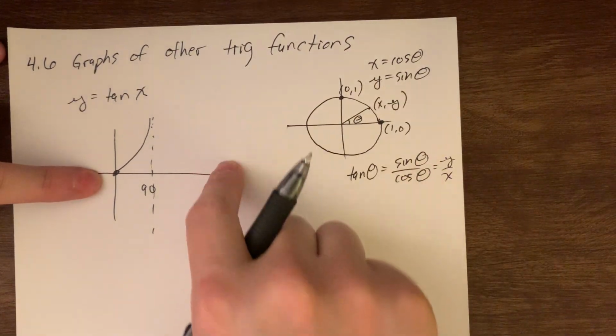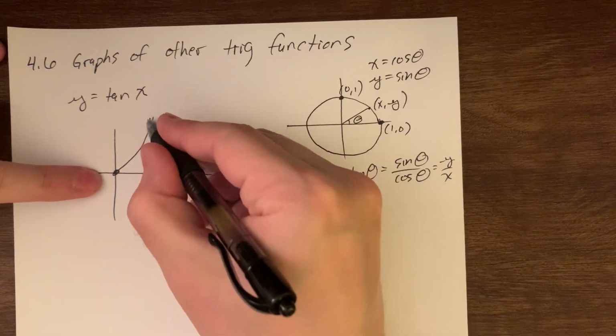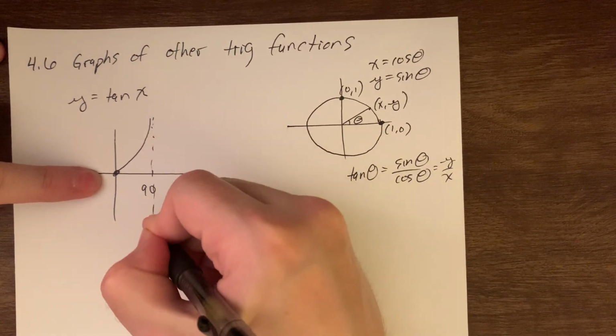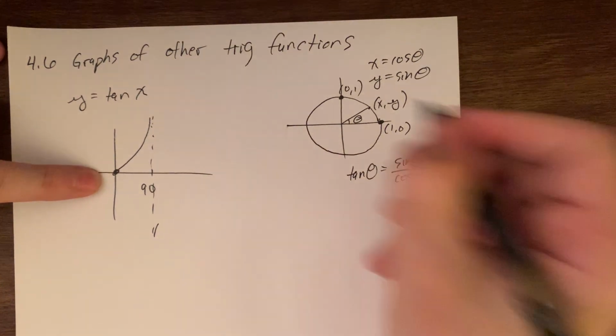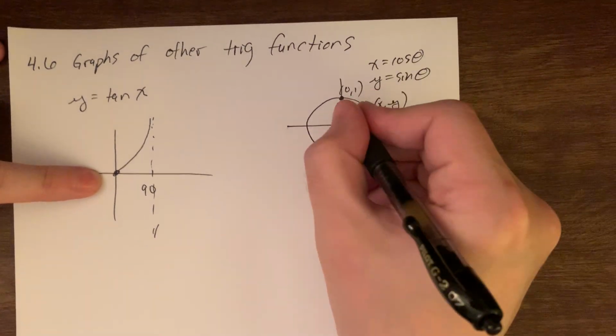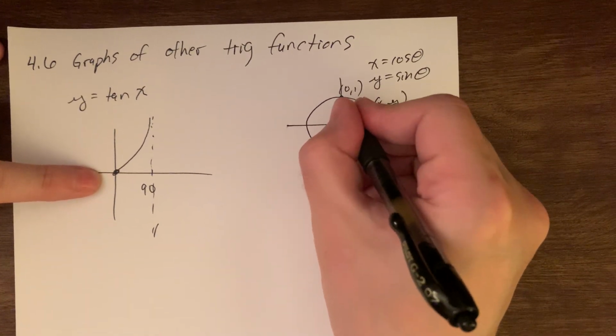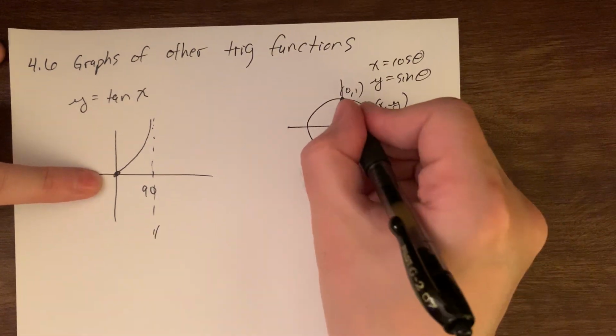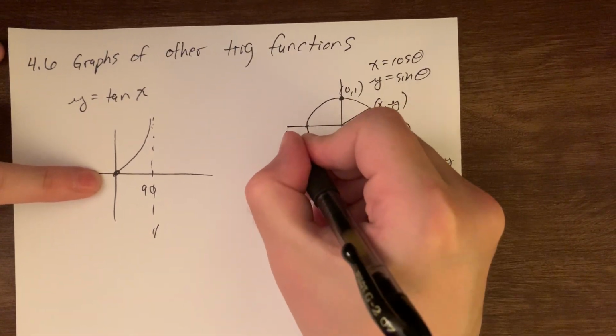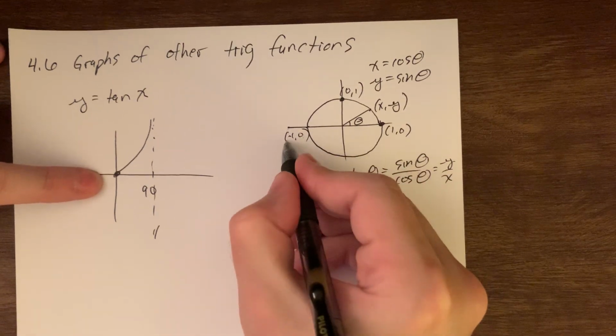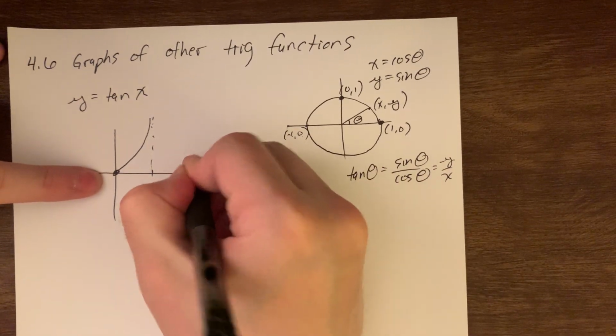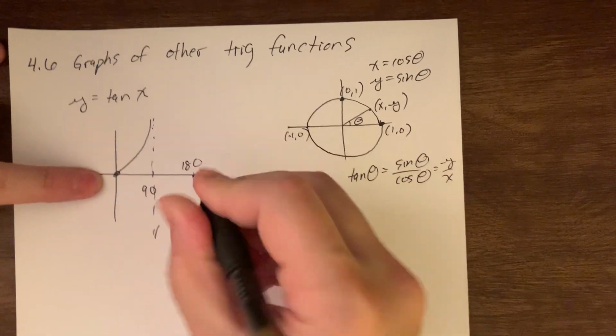But now as I keep going, well, as we've seen a lot, if you finish on this side of the vertical asymptote, there's a good chance you're going to start down here. But literally, as soon as I cross, now the x's become negative. So I'm getting huge negative fractions moving along to here. And when I do y divided by x, I'm back to 0. So at 180, I'm back to 0.